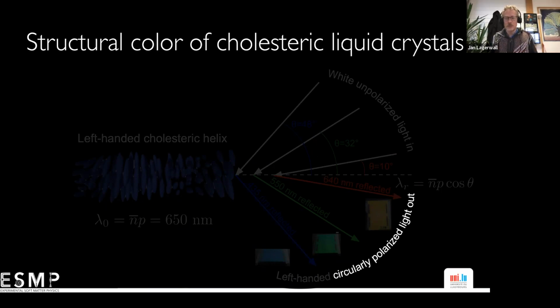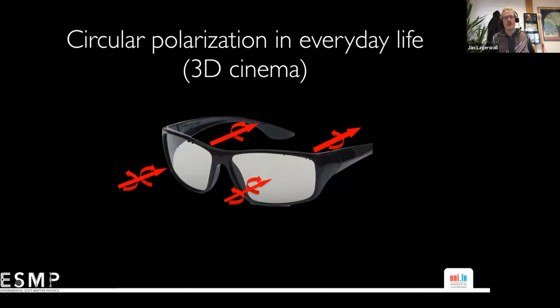And circular polarization is very rare in nature, but very useful. So if you go out on the street today, or if you just look around your office, very likely nothing that you see is circularly polarized. But if you go to the cinema and watch a 3D movie, you typically put on these goggles. And what those goggles are, they are circular polarizers.